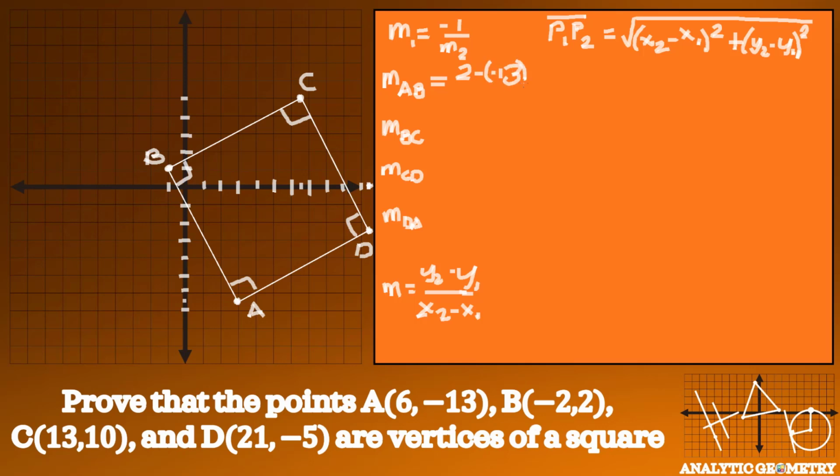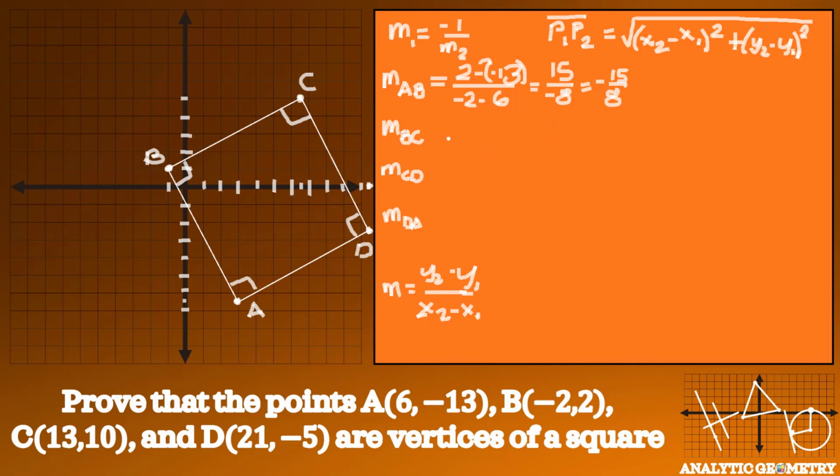Please do not forget the parentheses. Over your x sub 2 for B, which is negative 2, minus your x sub 1, which is 6. So you'll have here, double negative property, 2 plus 13, so you have 15 over negative 8. Or in short, negative 15 eighths. That's the slope for AB.